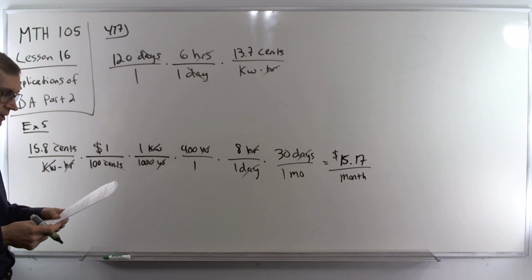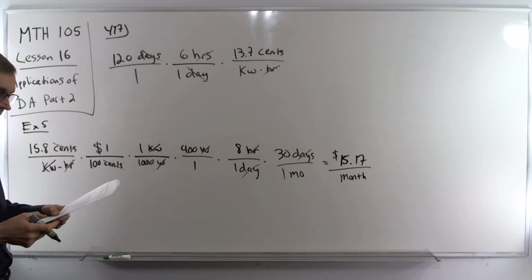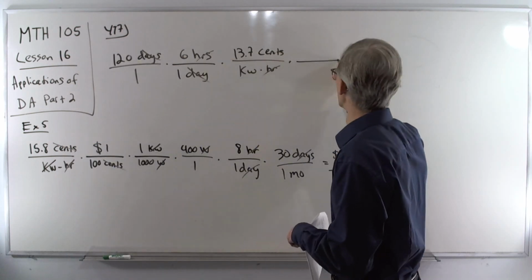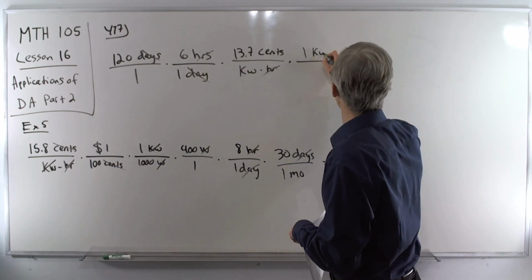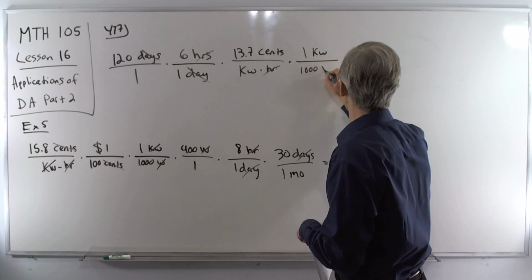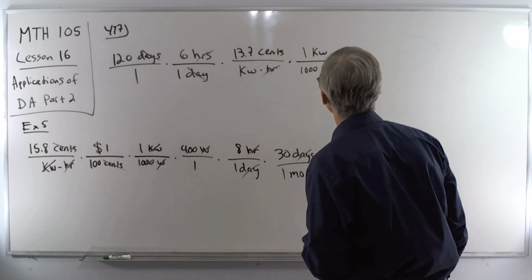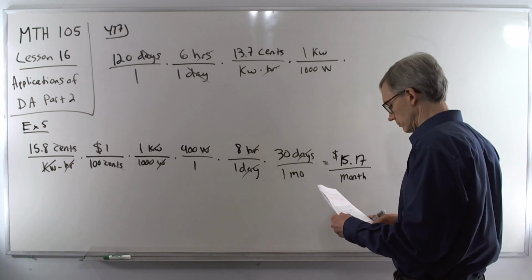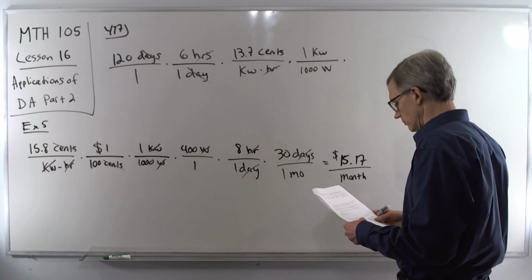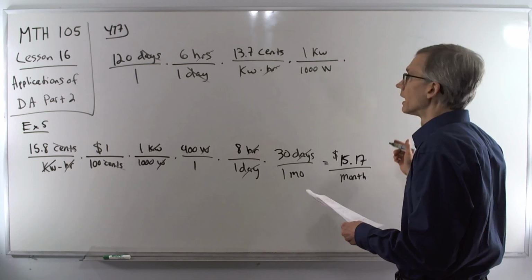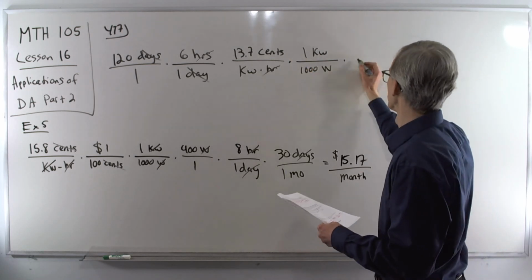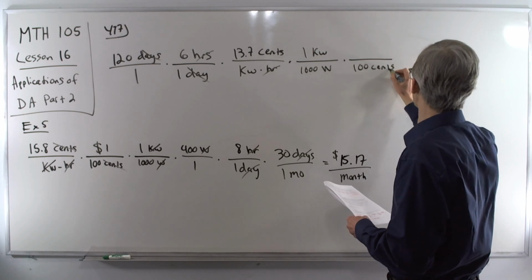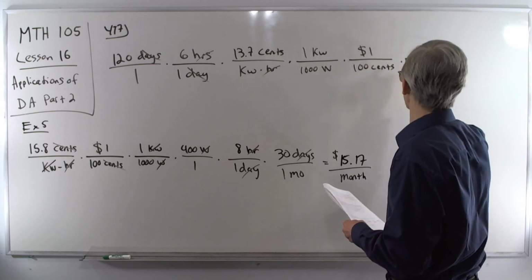The space heater consumes 1,500 watts of electricity, so we'll need to get out of kilowatts and into watts. So the 1 kilowatt, 1,000 watts. And we are in cents, so we're going to need to convert to dollars, 100 cents, there's $1.